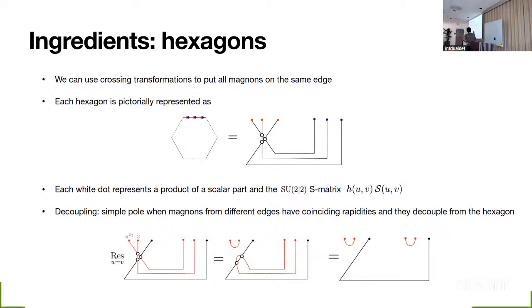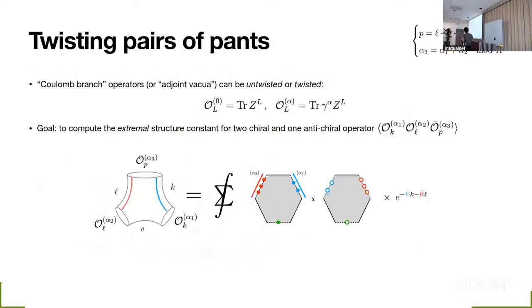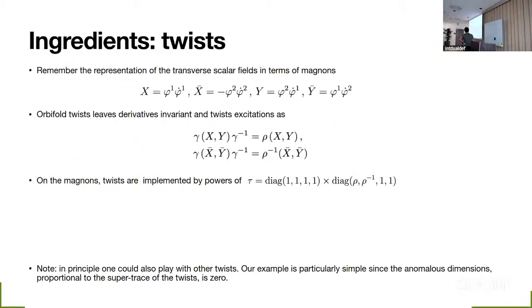But this property is very important because it means that in these integrals that I am showing you, you have to provide some prescription for how to regularize the poles that appear, and this is crucial for our result. So okay.